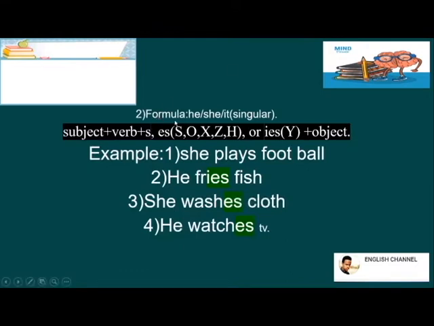The other formula is called the singular formula. Singular means single, like he and she. They are a single individual, or a single person. So the formula will be subject plus verb.